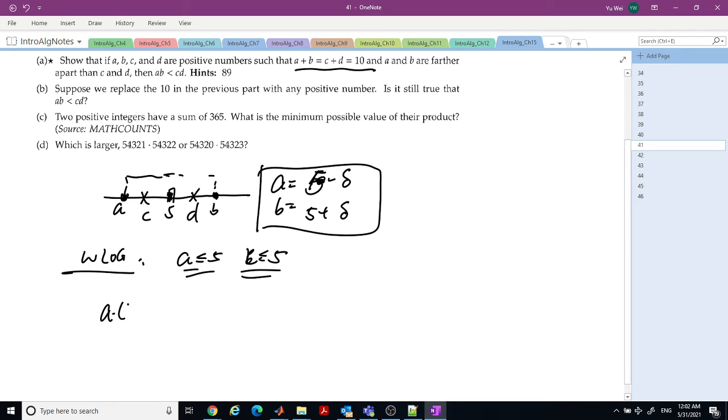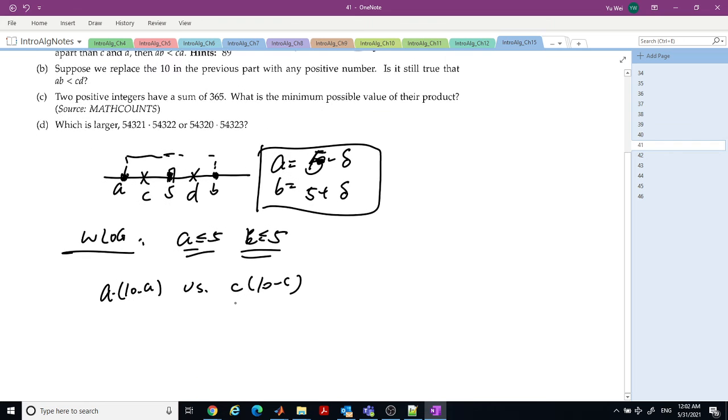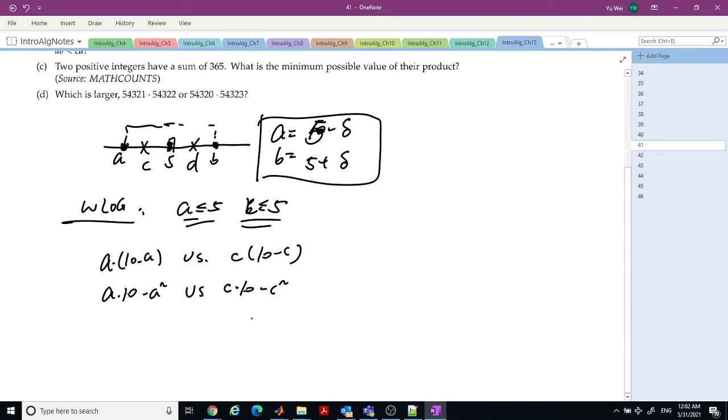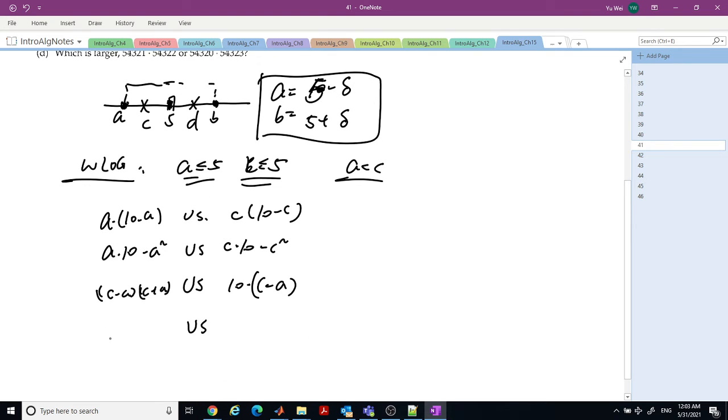A times B, where B is 10 minus A, and we compare with C times 10 minus C. So we compare A times 10 minus A squared with C times 10 minus C squared. We move this over, getting C minus A times C plus A, and 10 times C minus A. Then basically we compare C plus A with 10, right?